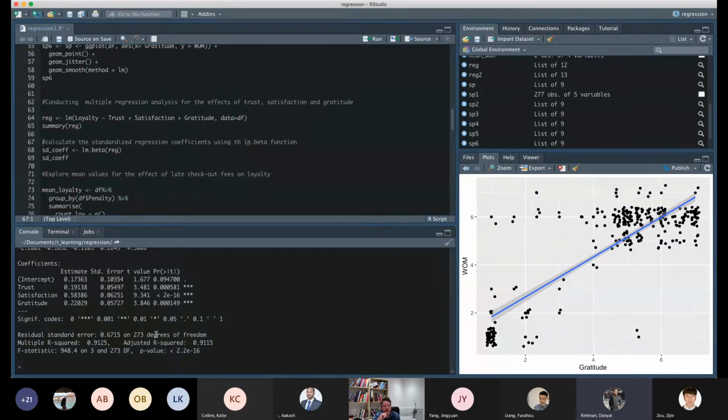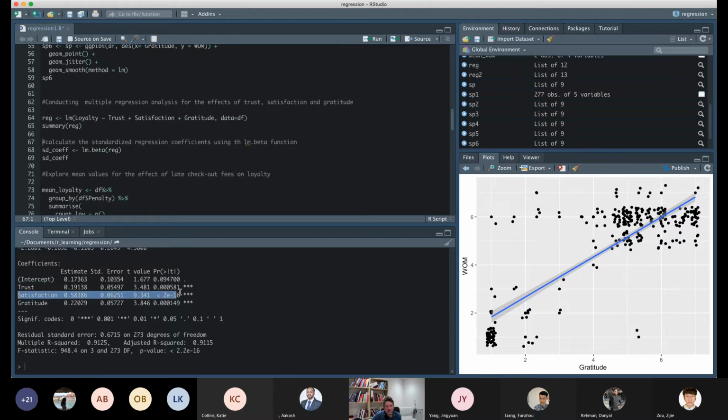Yeah, it increases by 0.19. Exactly. If trust goes up by 1, our customers' loyalty goes up by 0.19138. So we know trust has a significant effect on loyalty, and we know how it changes loyalty if we go up.